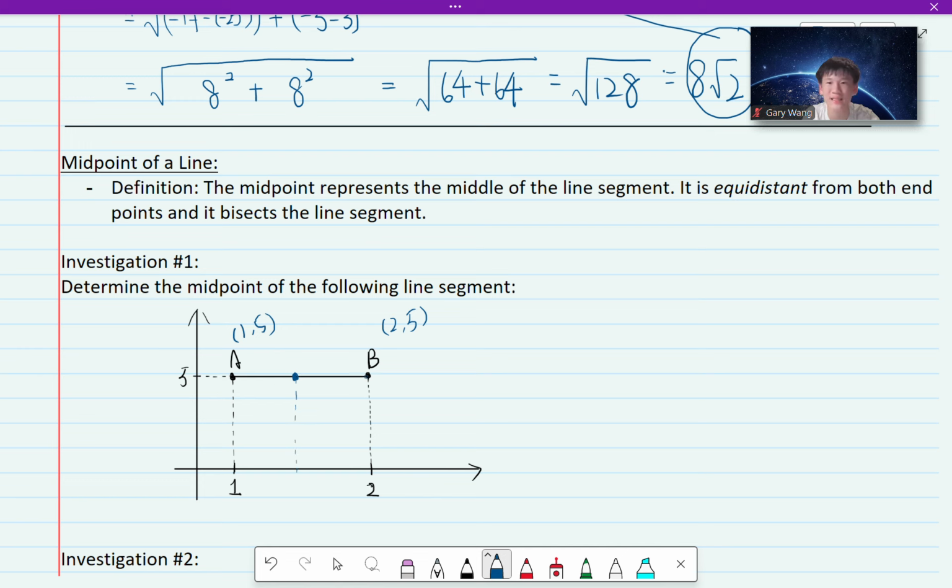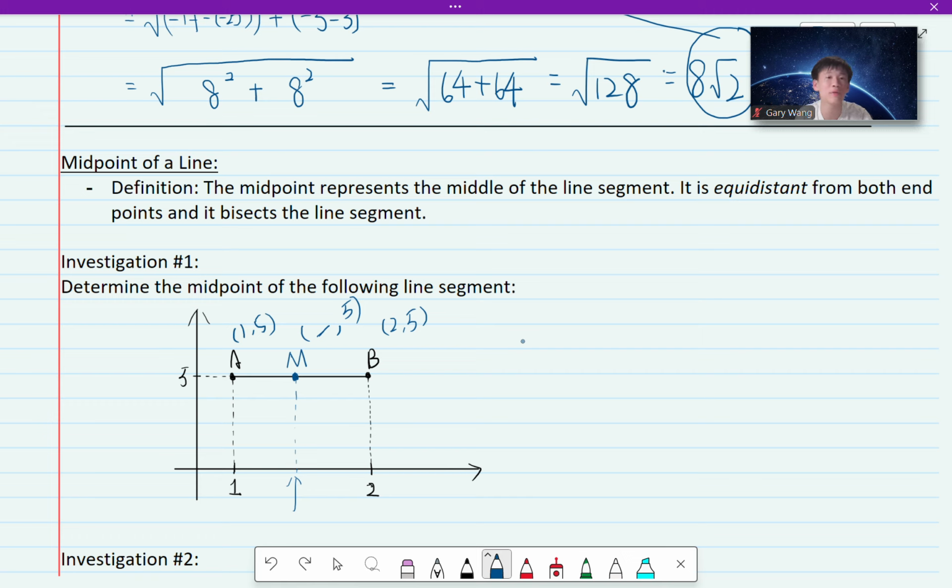So since this is a horizontal line, for this midpoint, let's say M, the coordinate of M should have an X value right here. And the Y value is also 5 because it's all on this straight horizontal line right here. So the key is how can we find this X value right here?